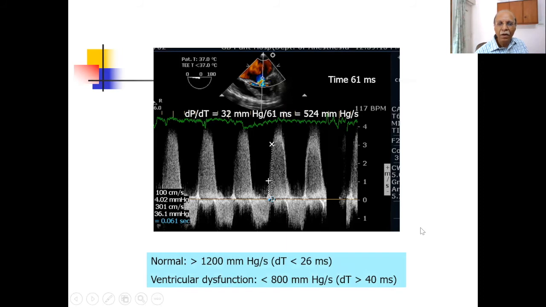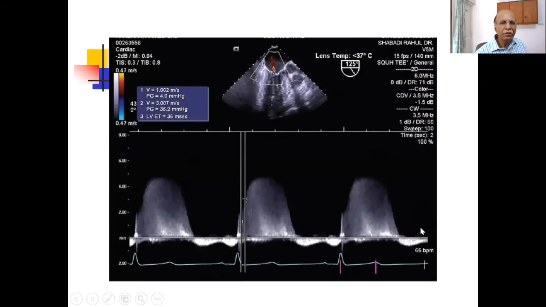Now, for measuring this, there's another method where you can drop these lines in order to improve the accuracy of the measurement of this time at 1 meter and 3 meters. You can also increase the sweep speed in order to improve the accuracy of measurement of this time interval, which is relatively short.